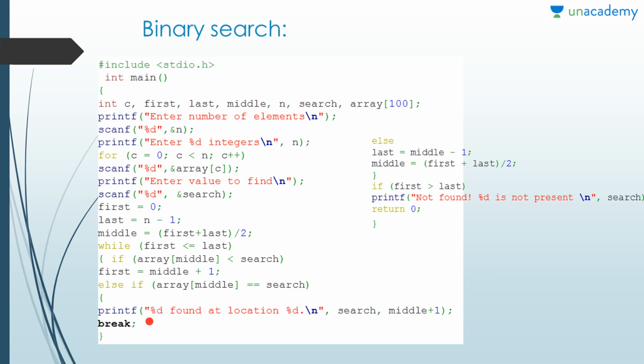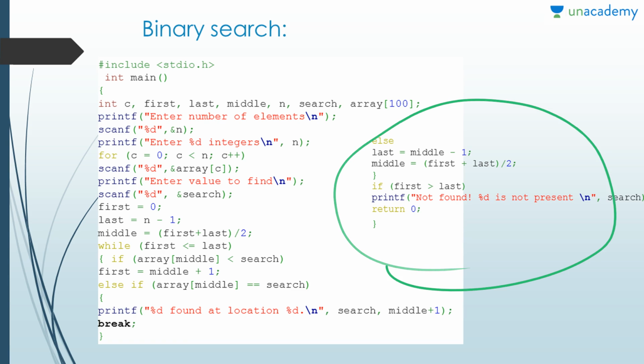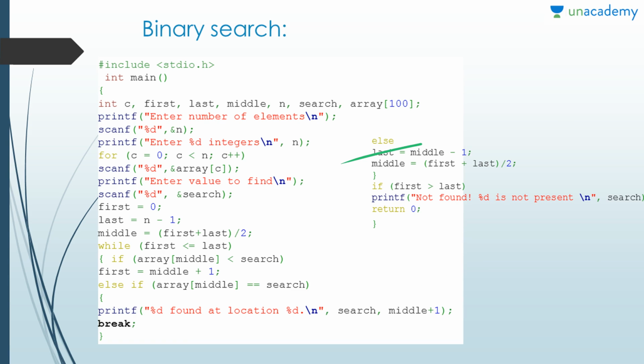Now the binary search part starts from here. This is the else block, so here we have used an else if ladder, right? So last equal to middle minus 1. See, in a previous program we saw n equal to n minus 1 or array of i equal to array of i minus 1, because it starts from the 0th position, right?